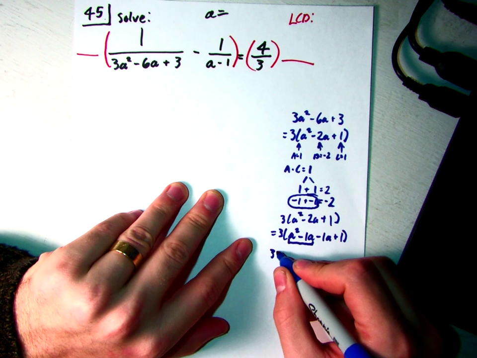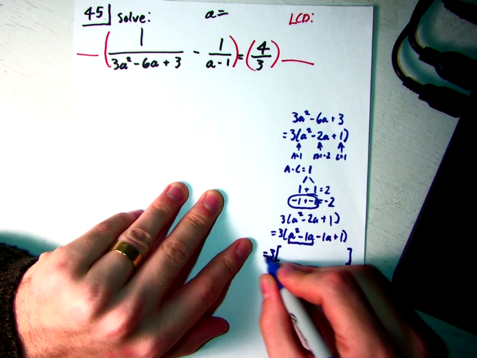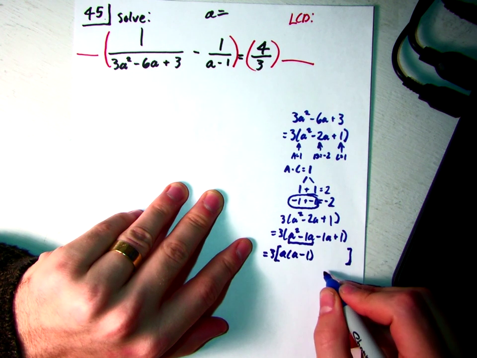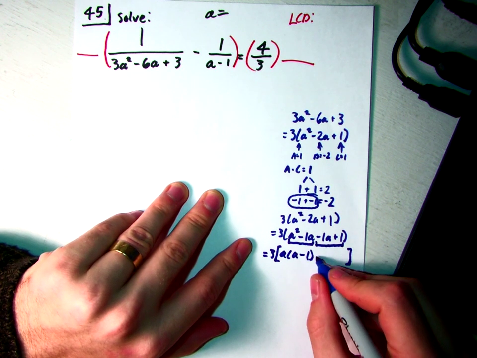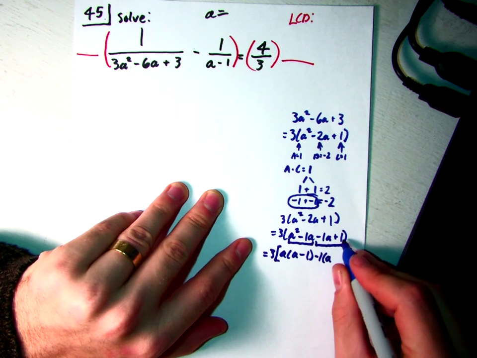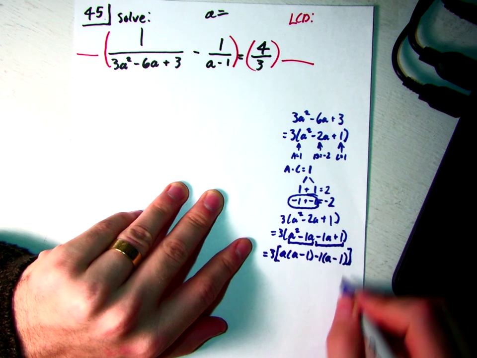The GCF of those first 2 terms is going to be a, and what's left over is a minus 1. Now I'm going to look at those second 2 terms. What's the GCF there? I'm going to take out a negative 1. If I take out a negative 1, the negative 1a is going to turn into positive a, and the positive 1 is going to turn into negative 1.